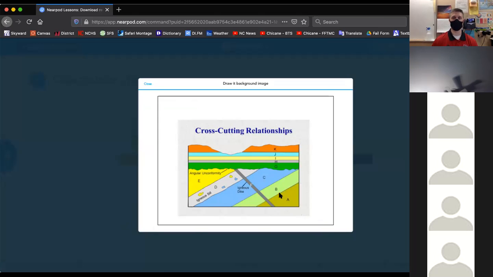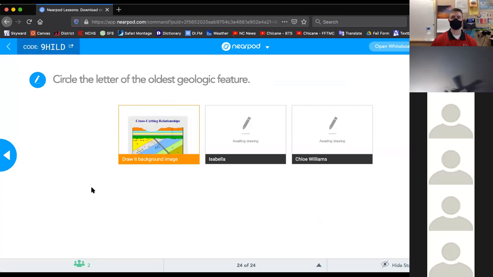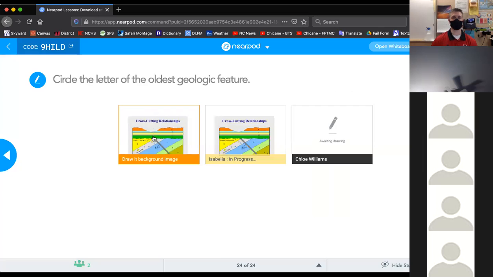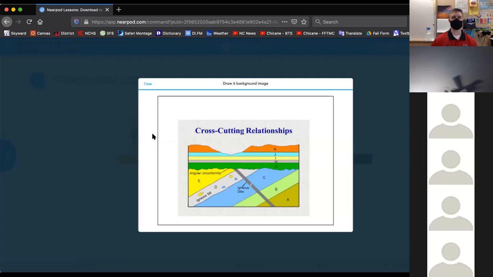So A through K, you can just draw it onto the picture. So A through K, which one would be the oldest feature there?